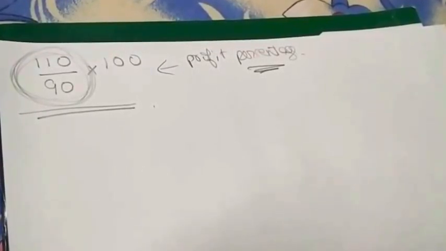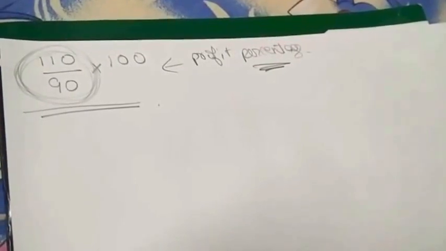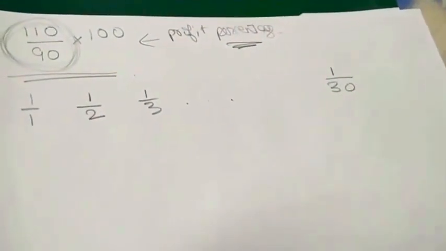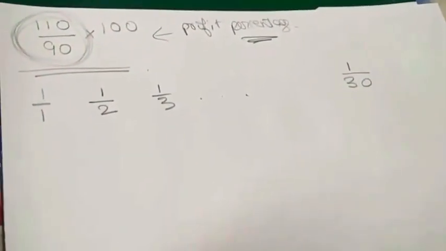And I want all of you viewers to do one thing for me: remember, from 1 upon 1, 1 upon 2, 1 upon 3 up to 1 upon 30, all of their percentage equivalents.